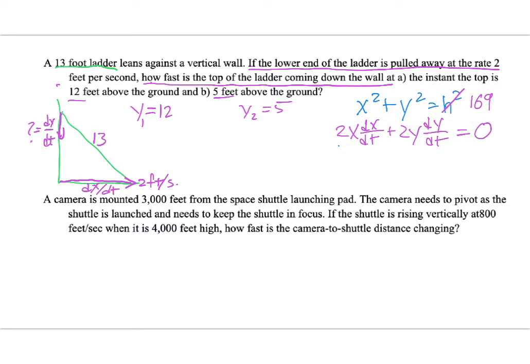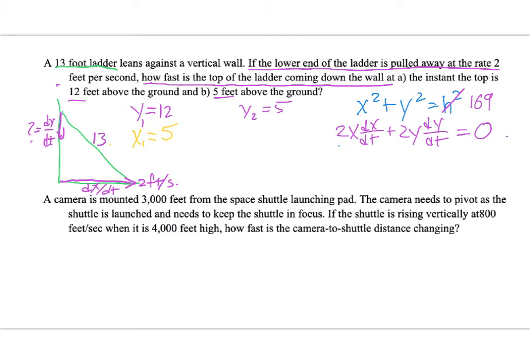And by plugging this number in at the beginning, I don't have to deal with an h in my final expression. I am going to have to figure some other stuff out. So for example, I know y1 at 12 feet. I know the hypotenuse is 13, and the person who designed this problem decided to give us a special right triangle. This is 5, 12, 13.